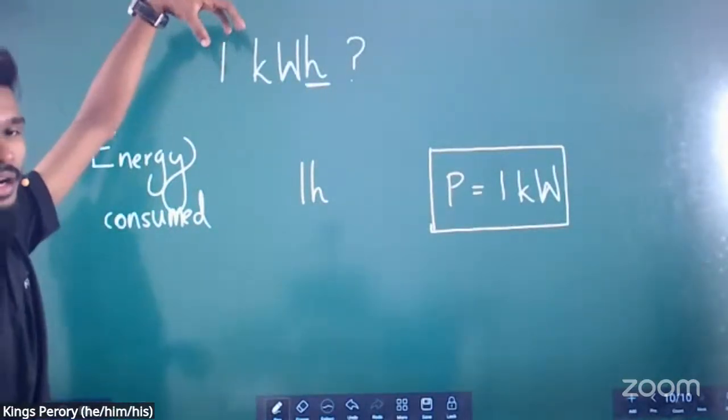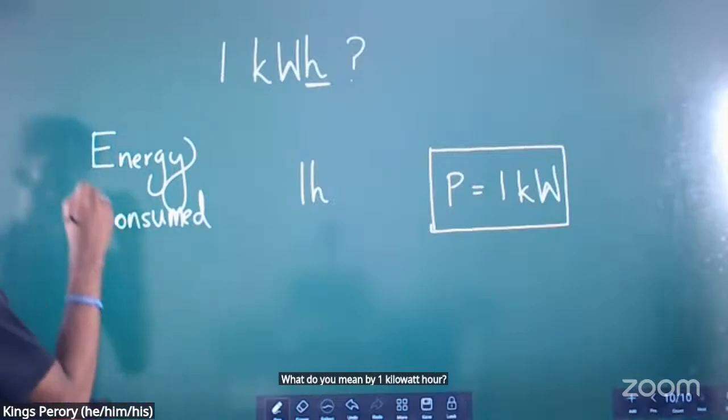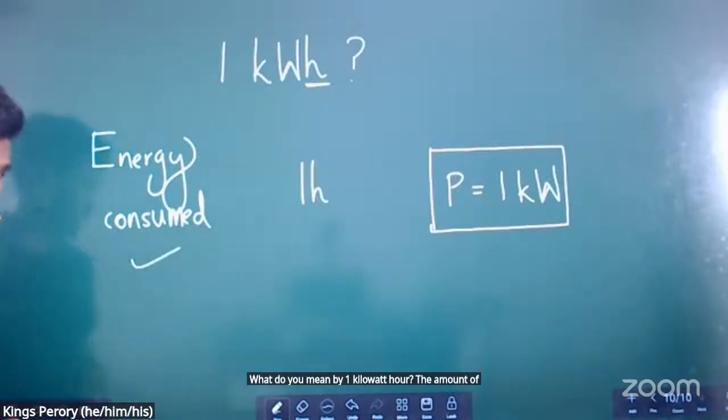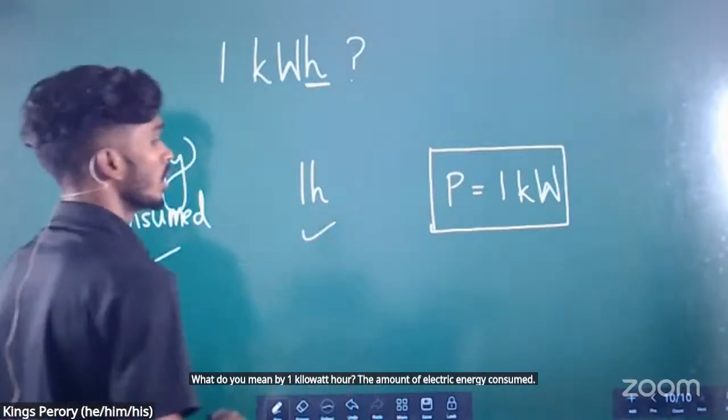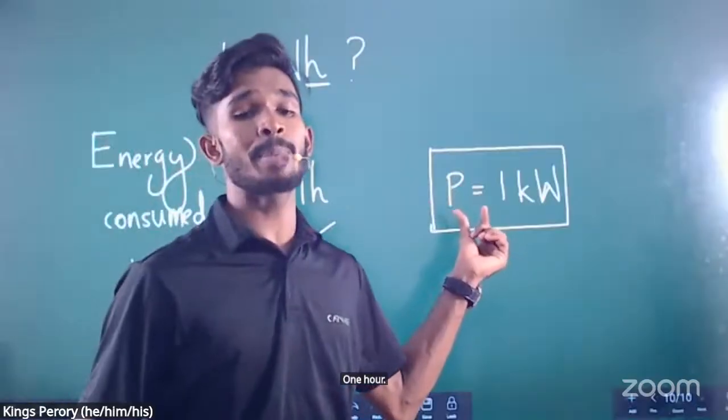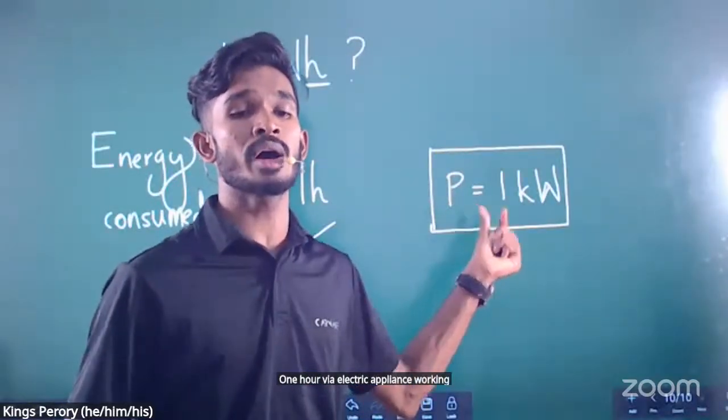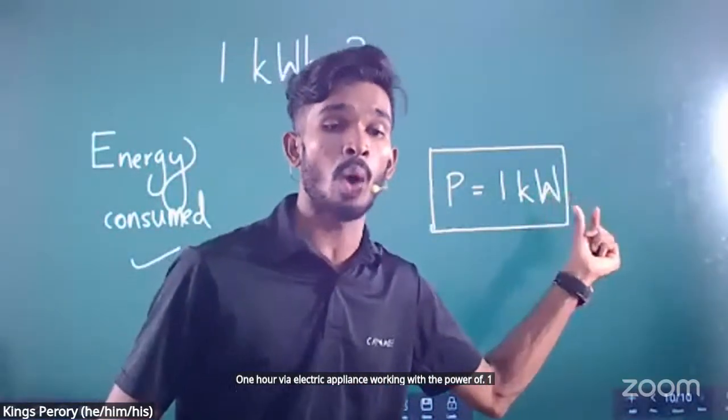What do you mean by 1 kilowatt hour? The amount of electric energy consumed in 1 hour by an electric appliance working with a power of 1 kilowatt.